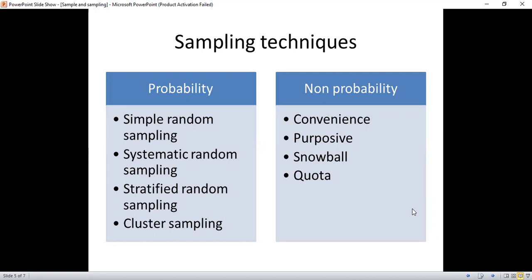We can do simple random sampling by first giving a number to all the people in that population, and then generating who will get selected into our sample by a random number generator. One way of understanding a random number generator is chit pulling. We have a box of chits. Each chit has a number written on it. That number denotes the participants, and we randomly pull a chit.